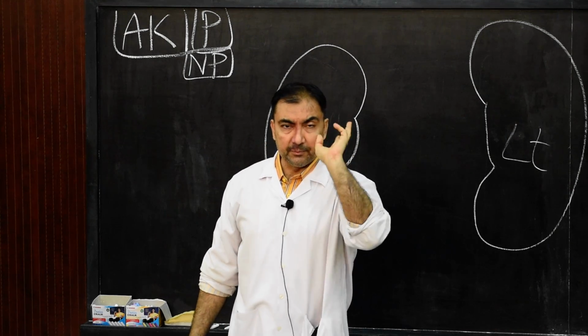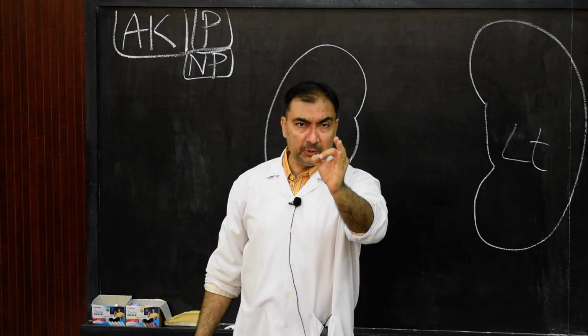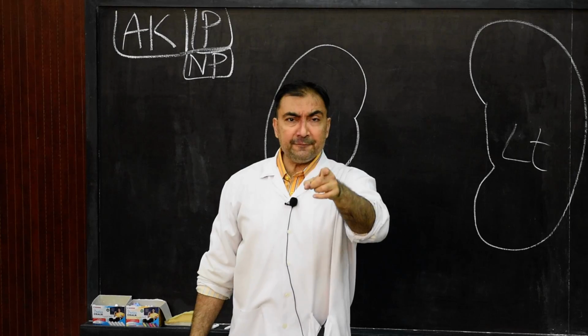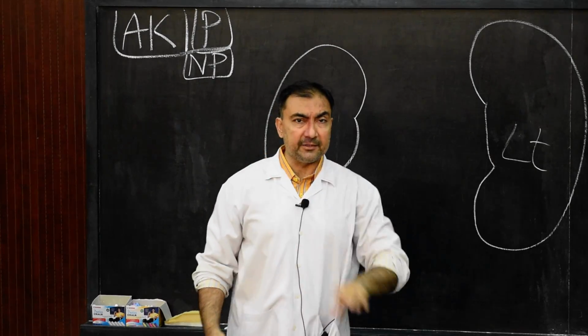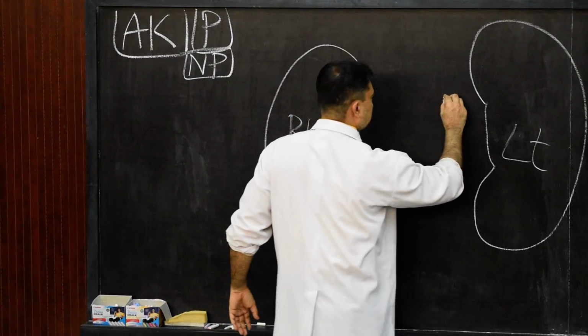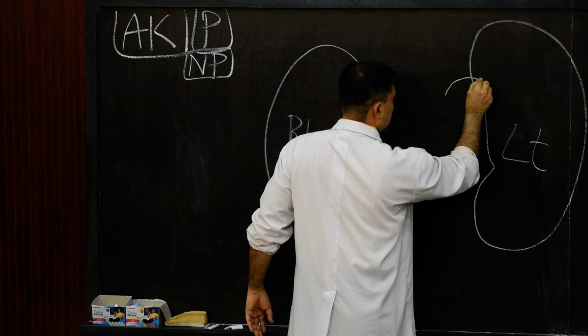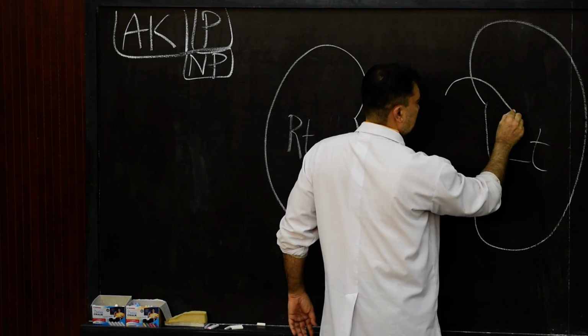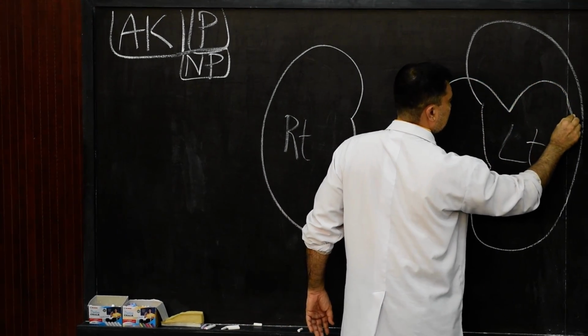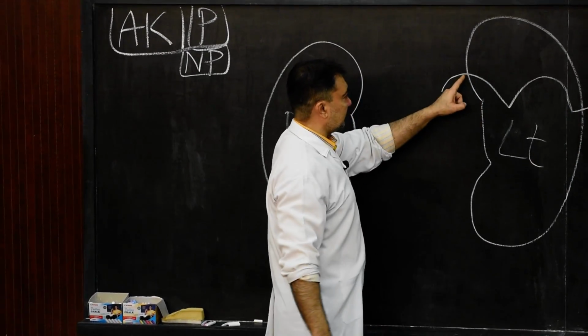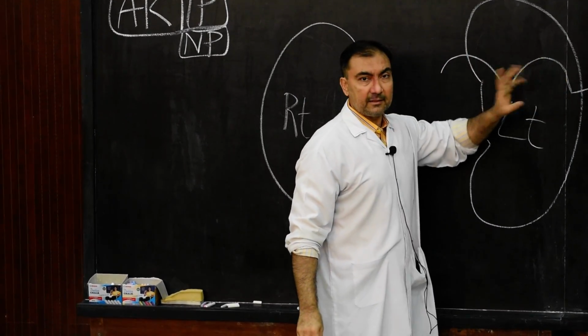Three points you have to remember, only three points. And those points are, number 1, the diaphragm taking origin from the medial and lateral arcuate ligament. So here we are going to show the medial and lateral arcuate ligament. This is the medial arcuate ligament, this is the lateral arcuate ligament.